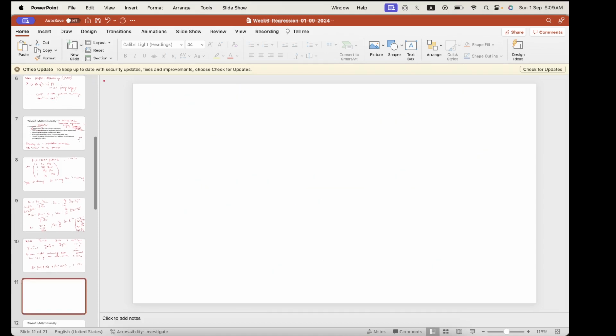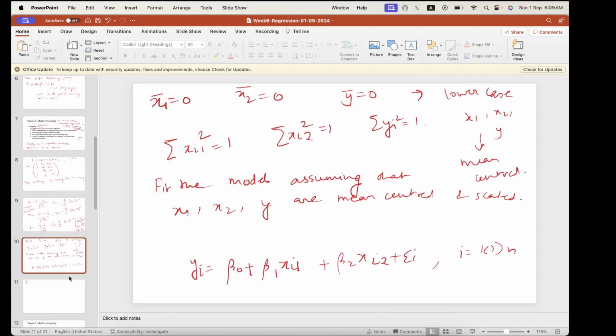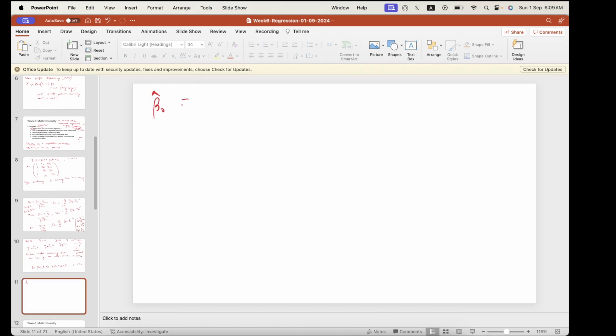We have that beta naught hat in this case will be how much? This will be y bar minus beta 1 hat x1 bar minus beta 2 hat x2 bar, and that would be 0 since all of these become 0.